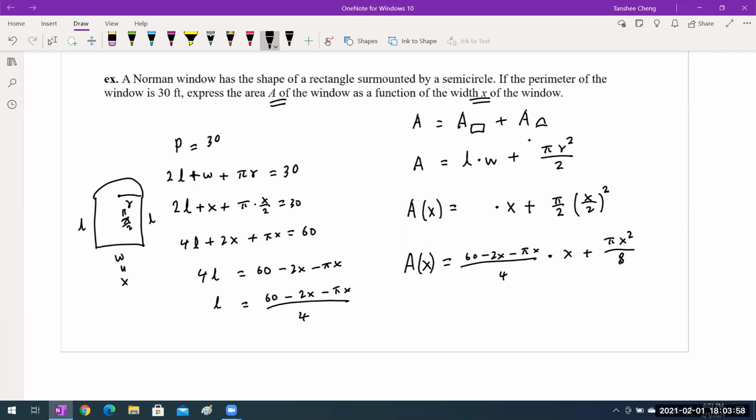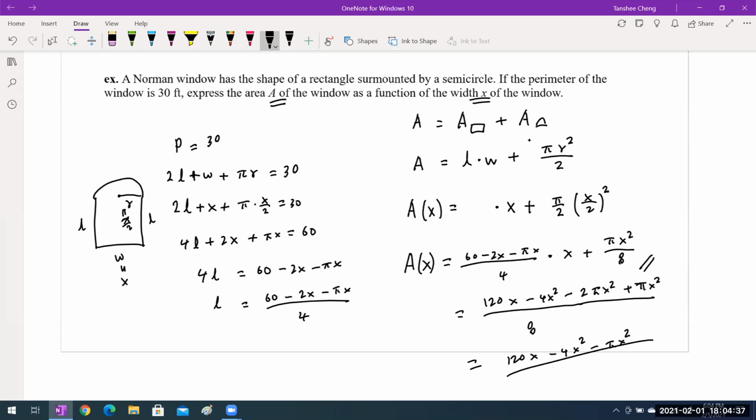If you want to simplify further, then I'm going to have to make it an LCD and then distribute it. So making the LCD will be 8. So 2 times 60 is 120, and multiplied by this x will be 120x, minus 4x squared, and then minus 2 pi x squared, and then adding plus pi x squared, which will become 120x minus 4x squared minus pi x squared all over 8.